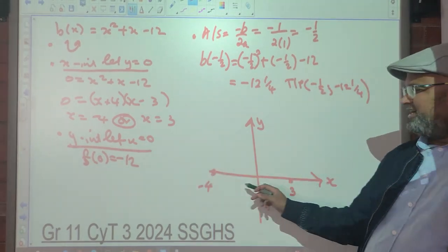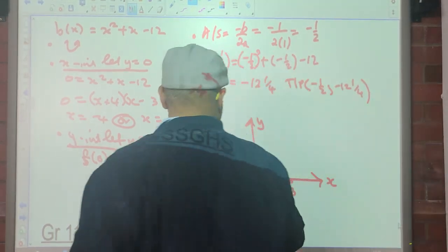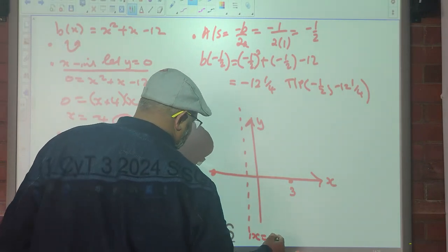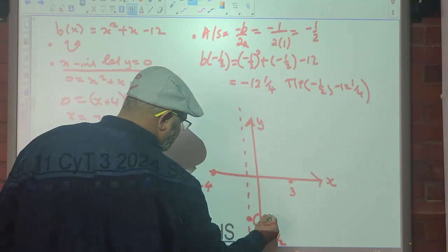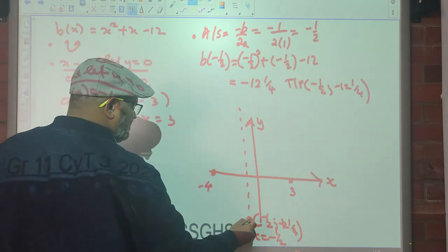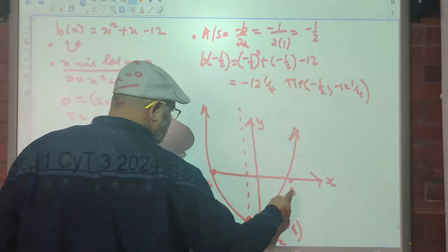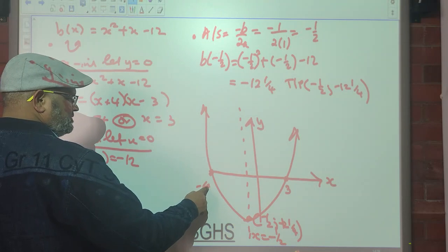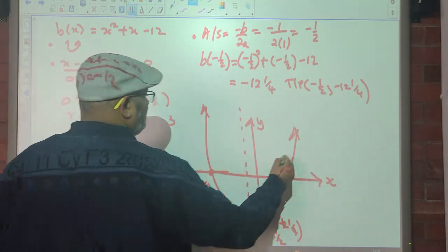You can see the axis of symmetry happens midway between the x-intercepts, so x equal to minus a half, which is this value there. And it's turning at minus a half and negative 12 and a quarter. So from the turning point I draw the graph. This is the graph of B.